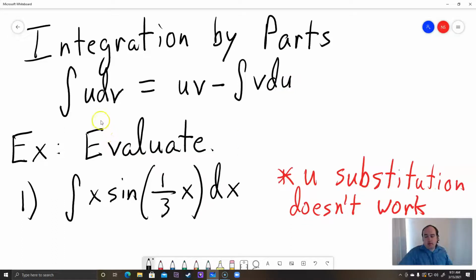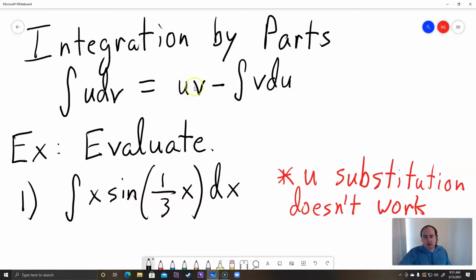So you can rewrite it as u times v minus the integral of v du. Like I said, it's a bit of an art. What do I mean by it's an art? Well, you have to choose your u and your dv on the left side so that when you do the right side, it makes it easier to do this integral here. And this one's actually an easy one.